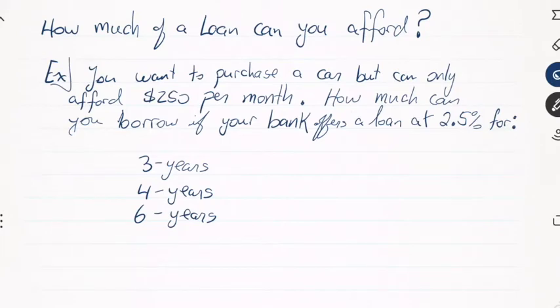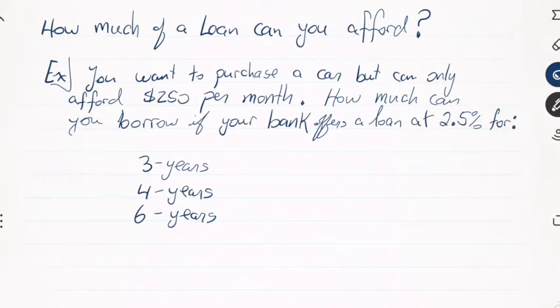How much can you borrow if your bank offers a loan at 2.5% for 3 years, 4 years, and 6 years? Generally, the shorter the period of time, the bigger the payments. But on the converse side, the longer the loan is, the more interest you're going to pay. I want to talk about all of these concepts with this simple example.